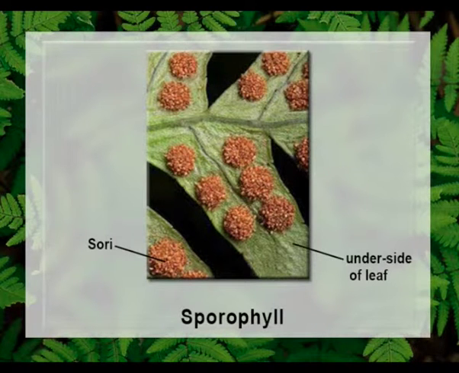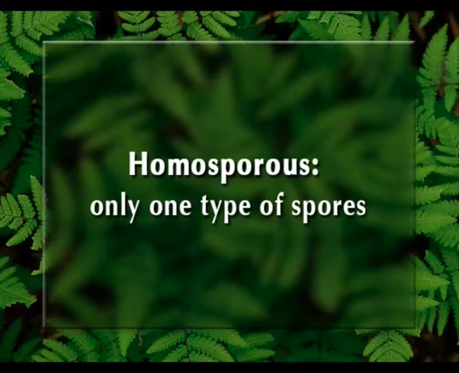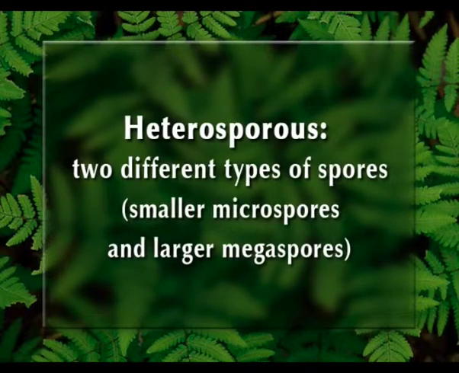The sporangia are borne either singly or in groups. These groups we call sori. Pteridophytes may be either homosporous, which is the condition when the plants produce only one type of spores, or they can be heterosporous when the plants produce two different types of spores, the smaller microspores and the larger megaspores.